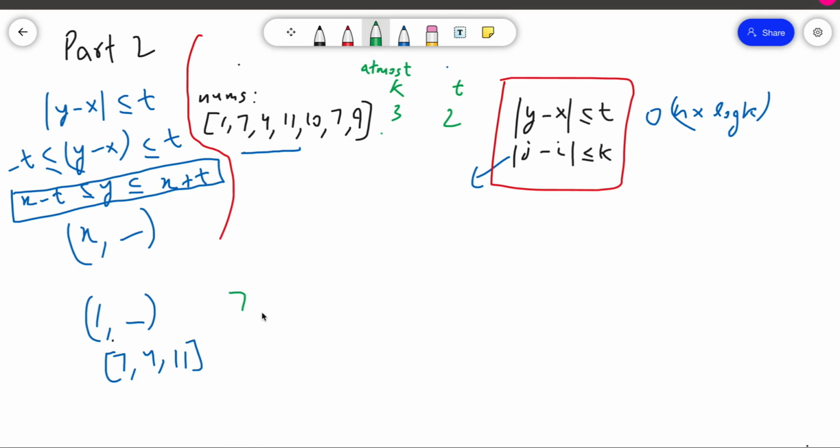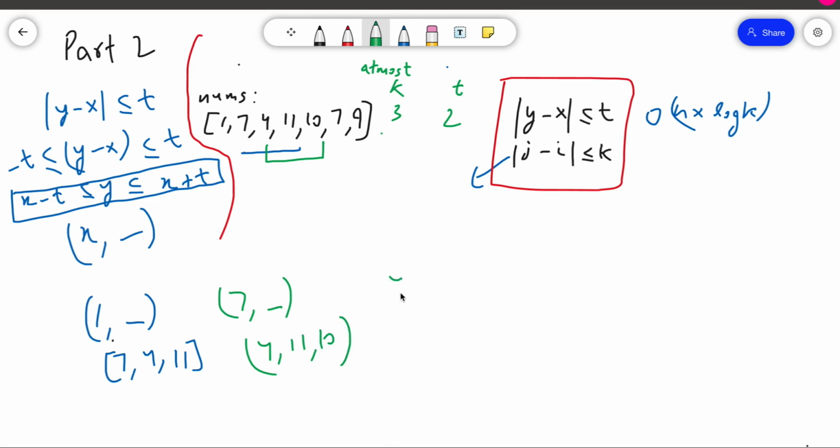And if the first number of our pair is 7, then we have to pick the next number of the pair from the next k numbers, 4, 11, 10.